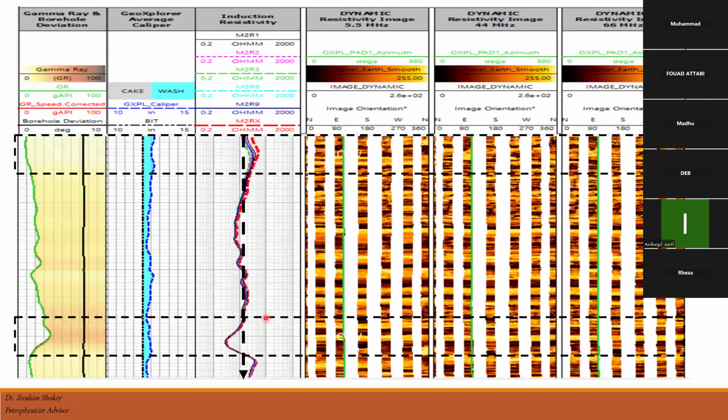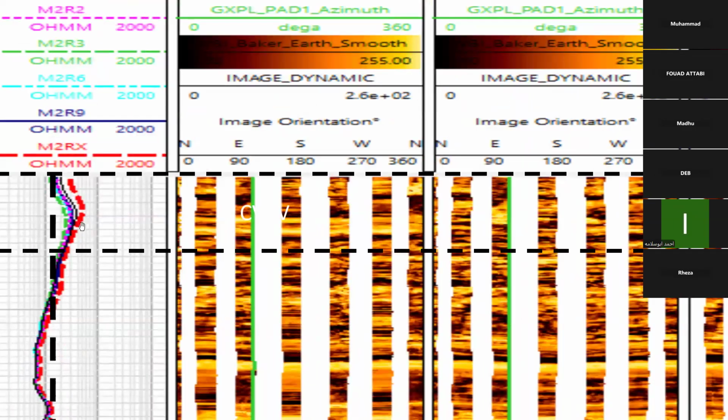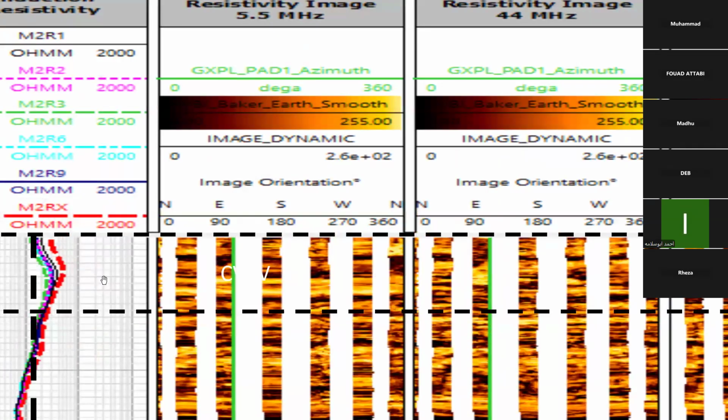The next zone is the zone above 20 ohm meter. So above 20 ohm meter, can you see this?